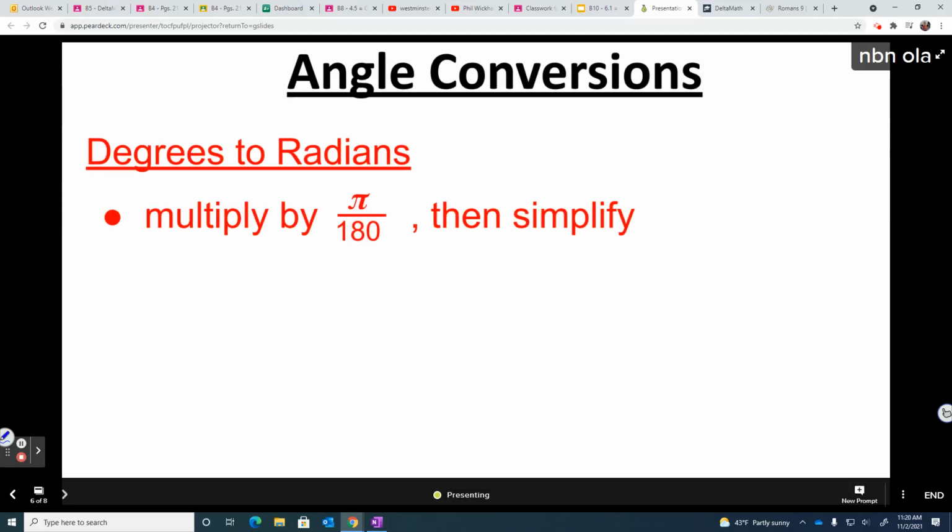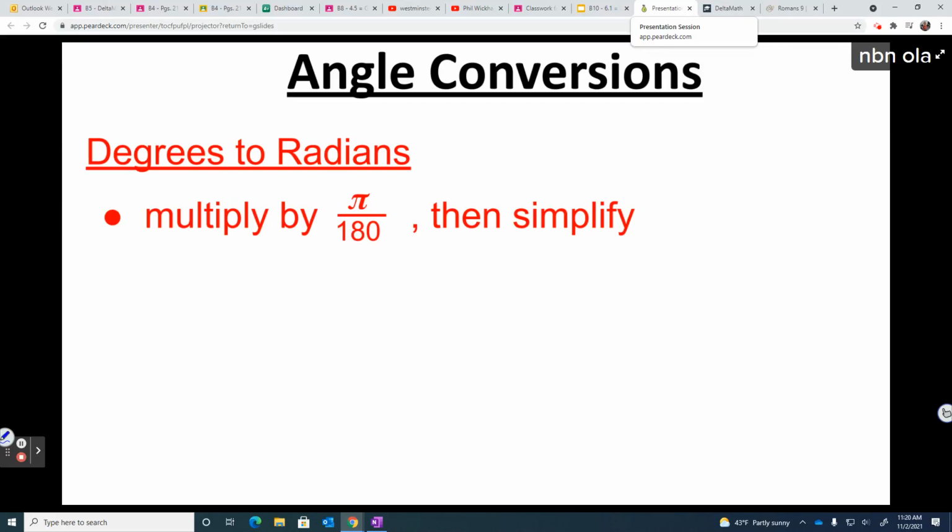So to go from degrees to radians, a very simple formula, we're just going to multiply by pi over 180, and then we just simplify it.